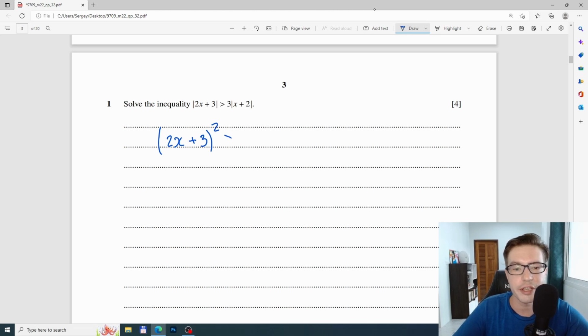So square the left side, and don't forget to square the 3 on the right side. Now expand the brackets, and multiply out the 9 on the right side of the inequality.